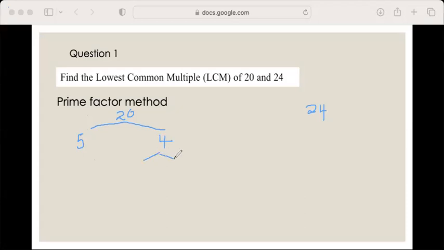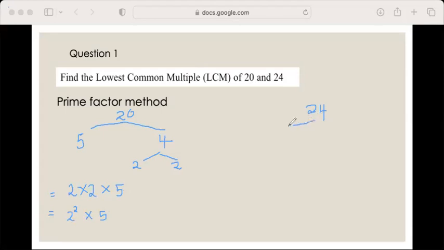But 4 is not a prime number, so 2 times 2 is 4. Now 2 is a prime number as well. So we arrive at 20 as 2 times 2, which is 4, 4 times 5, which is 20. So now we have the prime factors: 2 times 2 times 5. Or it can also be written like this, 2 squared times 5.